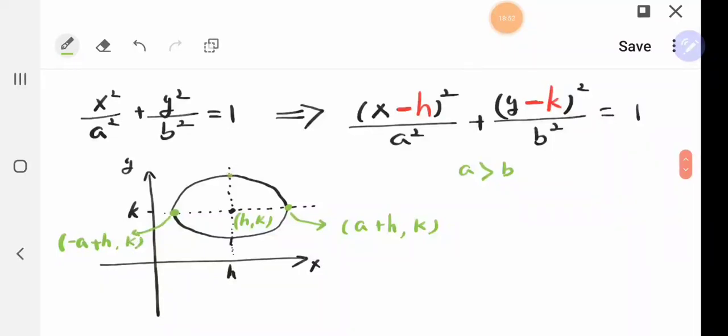How about the minor axis point? This length is b. This point's x value was originally 0, but it moved h units horizontally, so the x coordinate will be h, and the y coordinate moved k units up from the center, so b plus k.